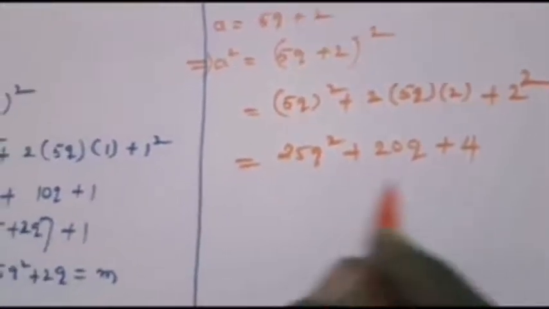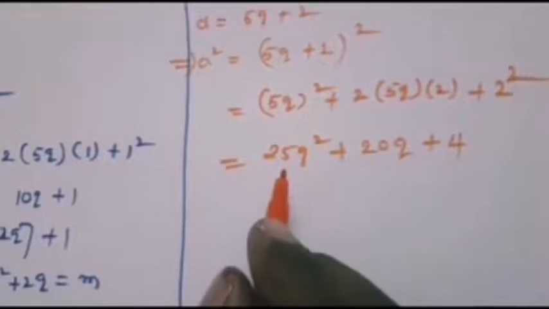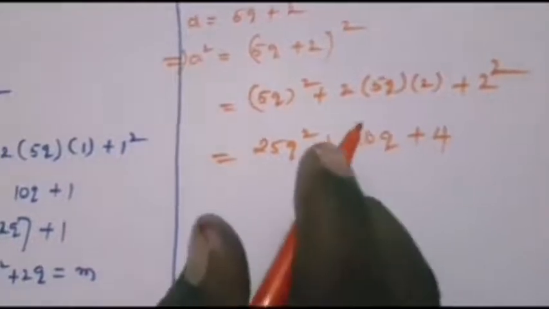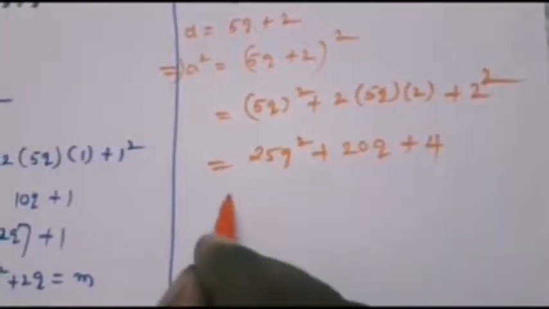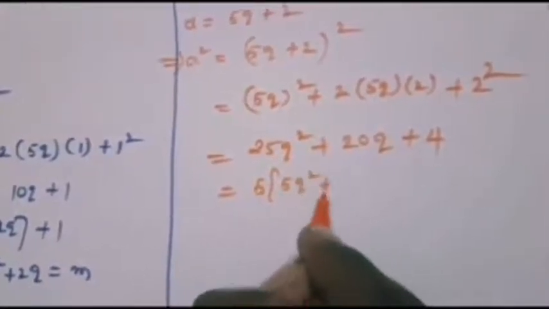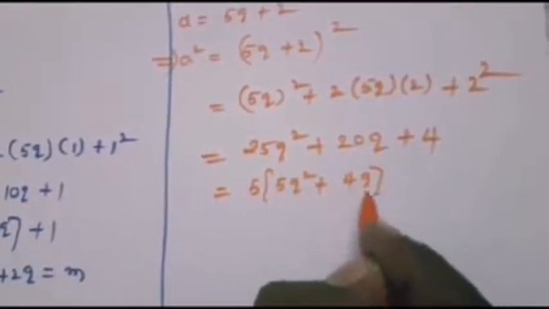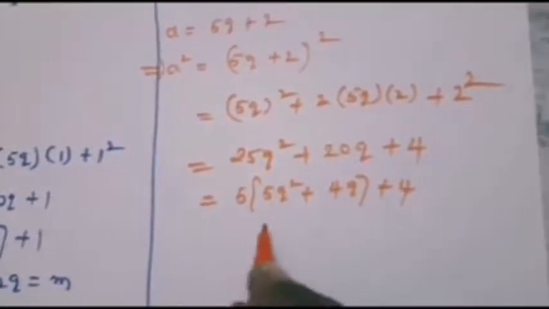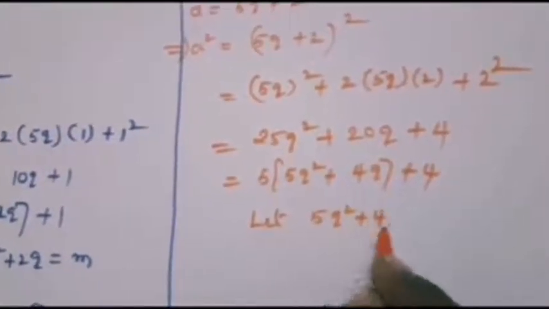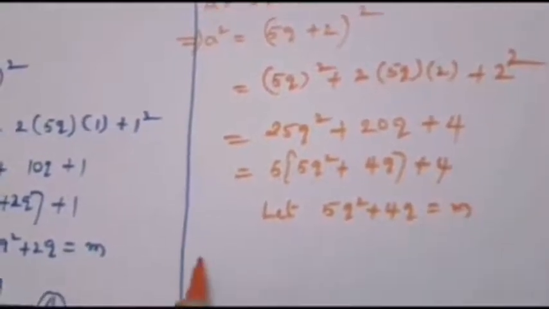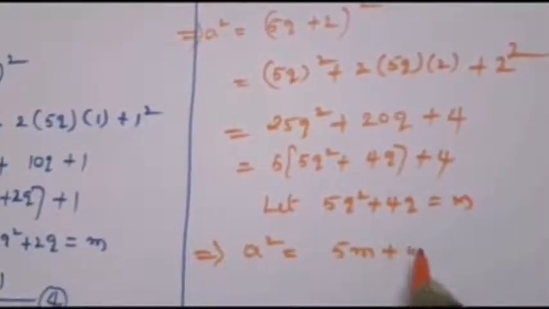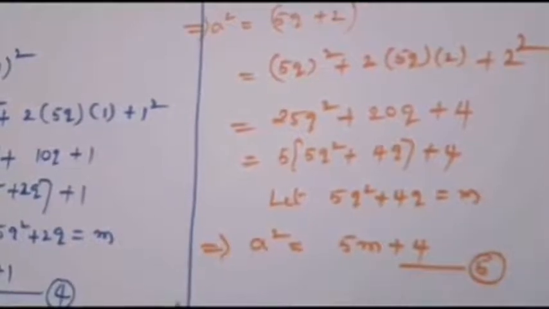So let us take out the common, how much? 5. 5 times 5q square plus 4q, plus 4. So let us assume 5q square plus 4q equals m. Again I write a square equals 5m plus 4, equation number 4.